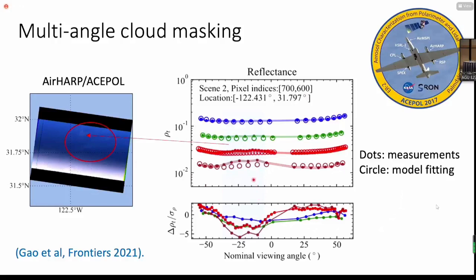If we look at the fitting result and compare the measurement with the forward model, we can see there's a gap here, and we can also compare this gap with our uncertainty model. We can see there's a large ratio here, so we can use this ratio to identify where the anomaly is. That is where the cirrus cloud has to be.